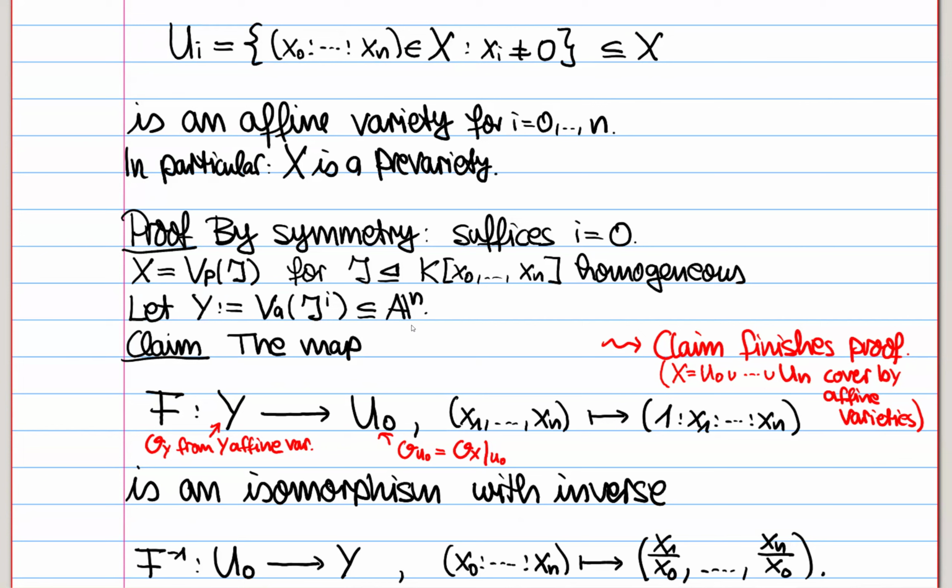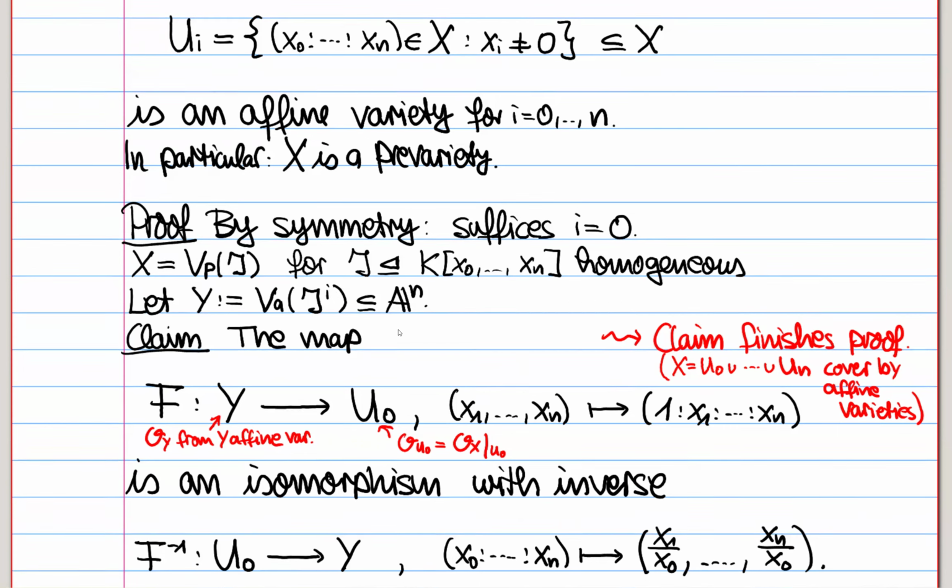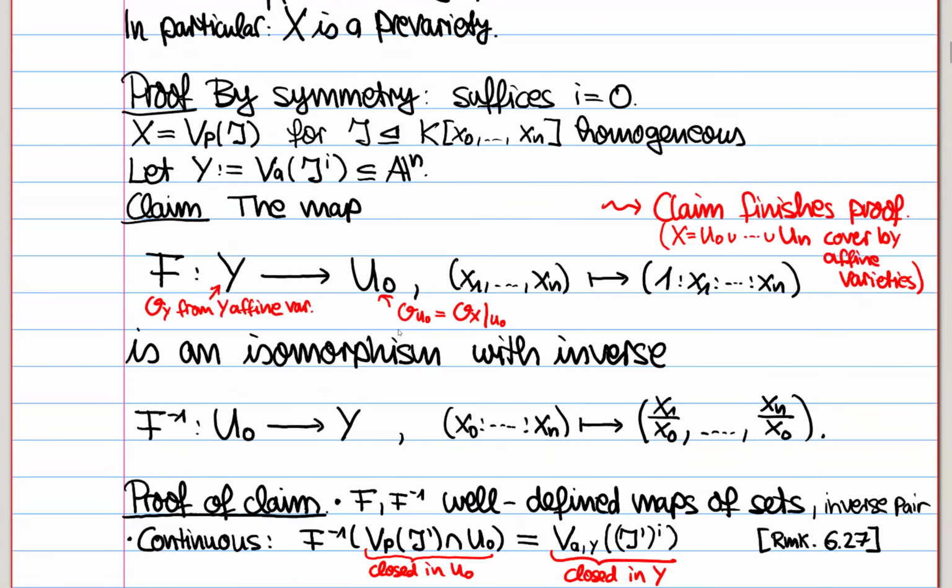So this should be the part U_0 of this variety X. And the claim now is that you can write down the explicit map from this affine vanishing locus to this open subset U_0 above, taking these inhomogeneous coordinates and homogenizing them like this.